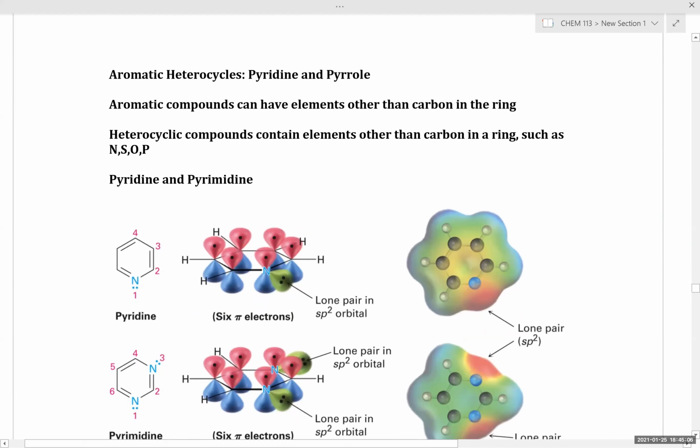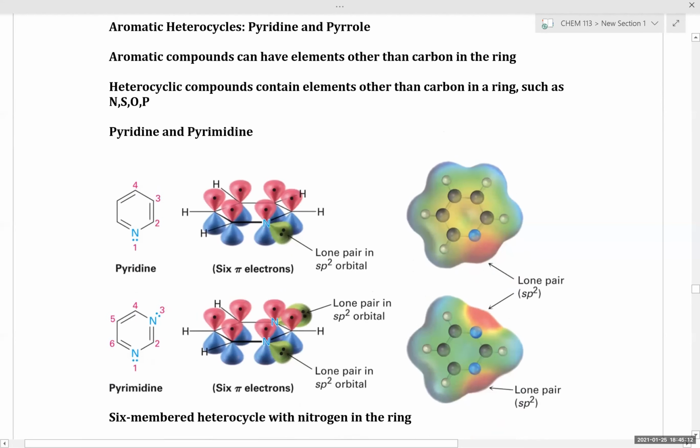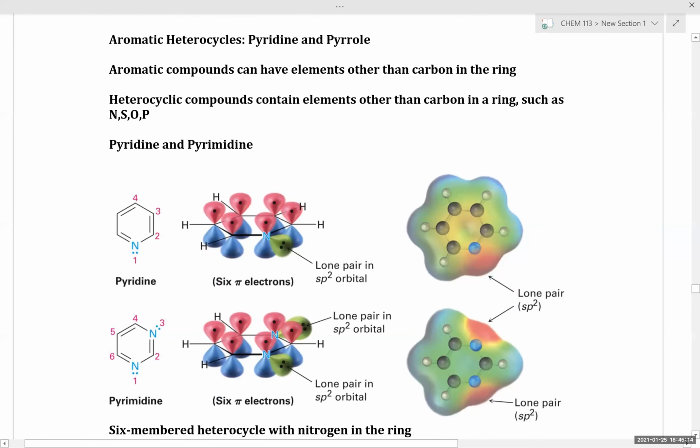So we've primarily looked at systems that have only carbon and hydrogen. Let's start talking about aromatic systems with non-hydrogen atoms, and we call these heterocycles. We're first going to look at pyridine and pyrrole, and talk about each of these two aromatic systems and their unique quirks.